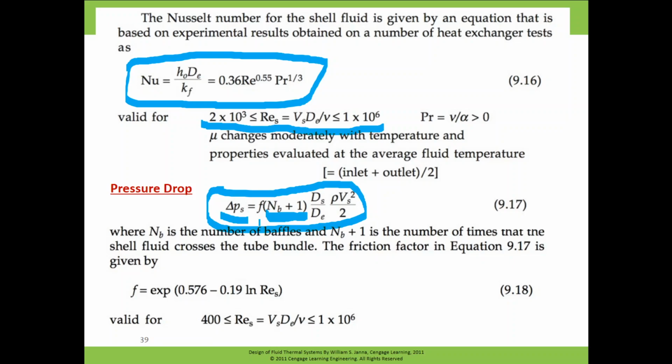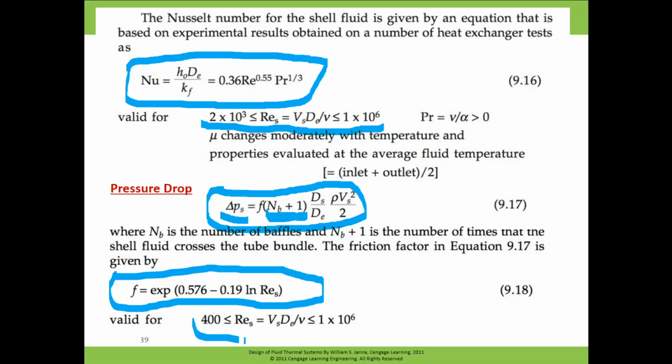It depends upon the shell side Reynolds number, and this is the friction factor correlation that is applicable for the shell and tube heat exchanger for the shell side, and this is applicable again for a very wide range, from 400 to 1 million. So we can calculate the friction factor using this formula.